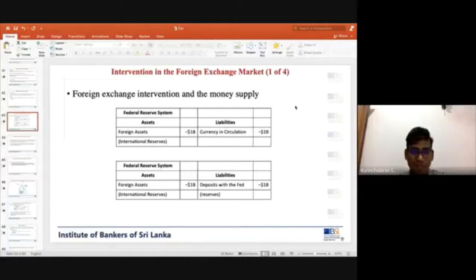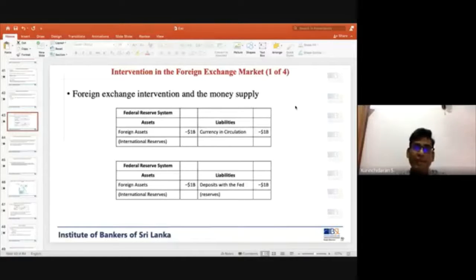Now, if a central bank, right, think about the foreign exchange market. You are getting inflows to the market, right? Take Sri Lanka, so you are getting more dollars into the Sri Lankan market, right? What will happen? Because the dollar supply is more, the Sri Lankan currency will appreciate, right?